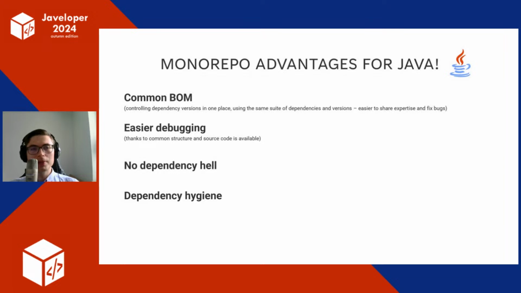And debugging is generally much simpler in the monorepository because of having this common structure and source code available. From practice, I can say that during this Spring Boot upgrade, I had to debug a lot of failing tests. I had all the source code right in my IDE, so I didn't have to clone the repositories, switch over there and see the code, or even during navigation in the debugger, I have the source code, so I don't have to download sources and choose the source location.